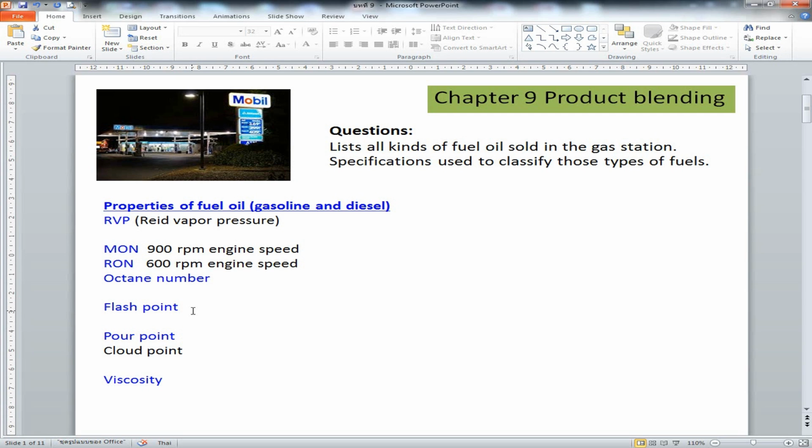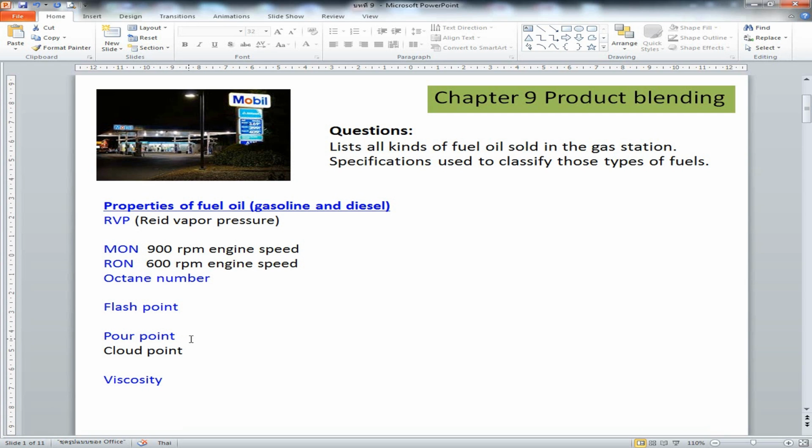Gasoline is, of course, a flammable liquid. Even at a temperature as low as minus 40 degrees, it also gives off enough vapor to form a combustible mixture in air.